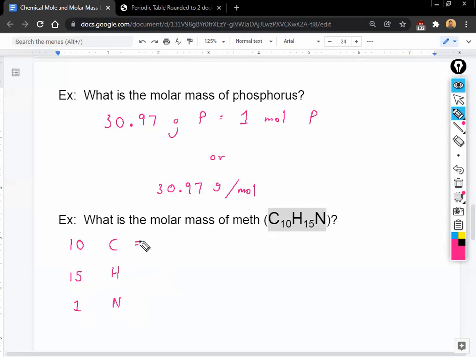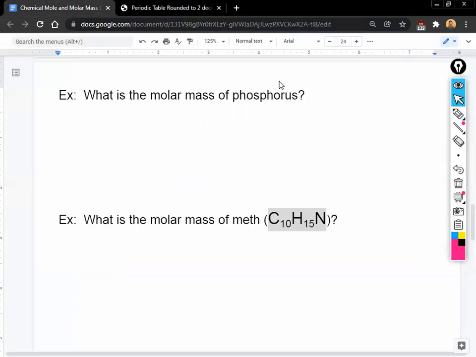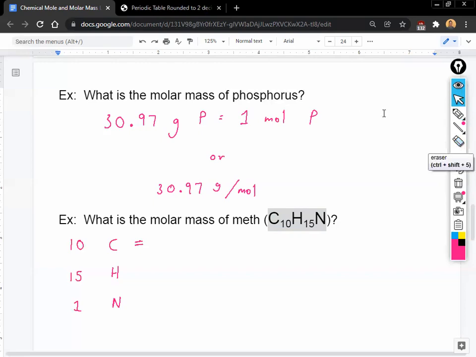We're gonna take a look at carbon on the periodic table. What's the molar mass of carbon according to the periodic table? Yeah, 12.01. So we're gonna write down 12.01. Carbon is 12.01, but there's 10 of them, right? So we can just multiply 12.01 by 10.